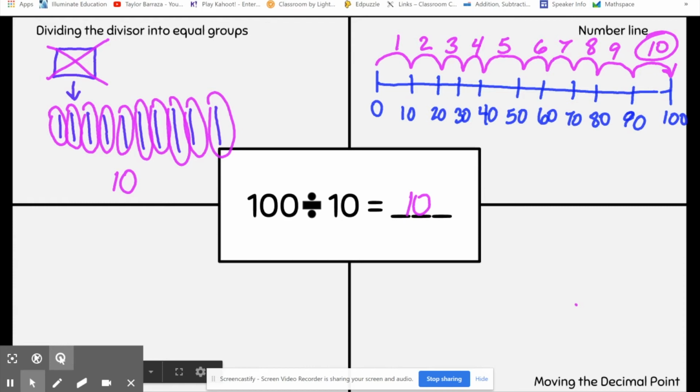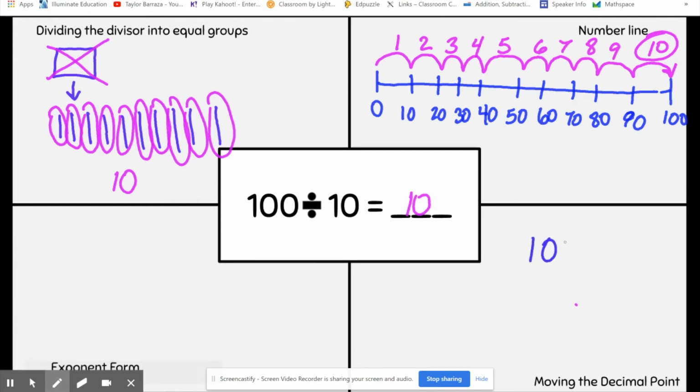For the moving the decimal point strategy, I'm going to rewrite the divisor to show the decimal point. I move the decimal point as many times as there are zeros in my multiple of 10.